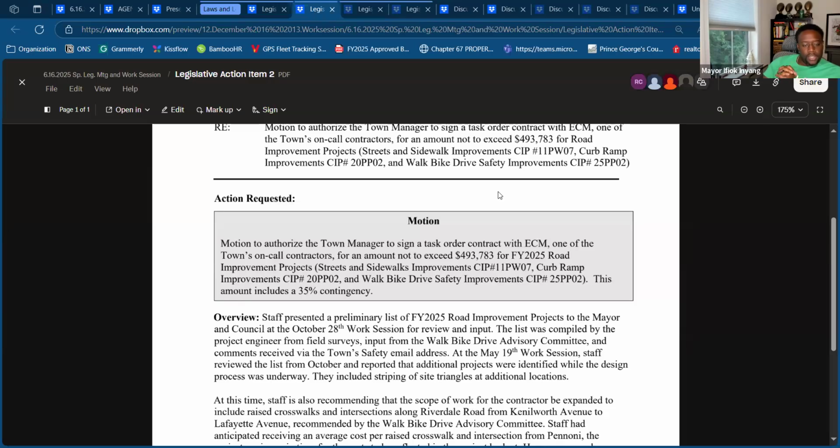Is there a motion to authorize the town manager to sign a task order contract with ECM for the amount not to exceed 493,783 for the FY25 road improvement projects and the walk, bike, drive safety improvement projects? So moved. Second.